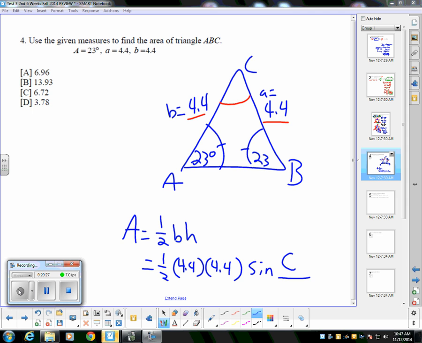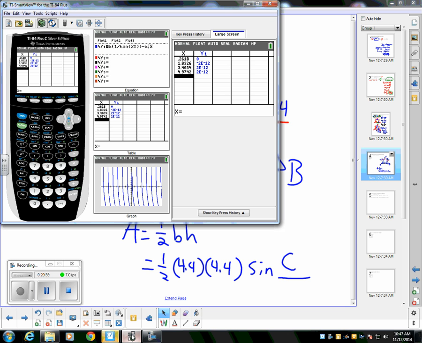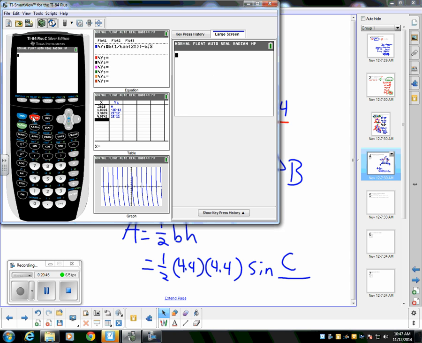Right? It's very easy. And so that being the case, I know that angle C, I'm going to do this with the calculator on the screen. I know angle C is just simply going to be 180 minus 23 plus 23.